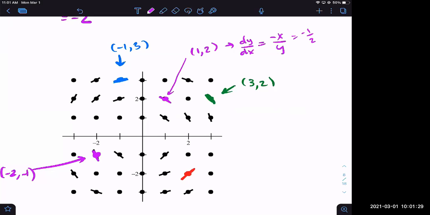Make sense? They can be a little bit tedious and time consuming when there's a lot of points. It takes a while. So I'll give you guys a minute, see if you can finish filling out the rest of those. So every dot has a tick mark. Notice there are not any dots along the x-axis. We'll talk about y in a second.